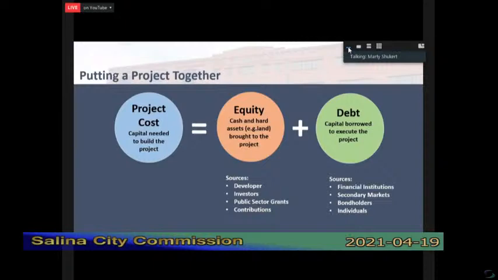And there are a variety of sources for equity. They might be the developer. They could be investors who are buying tax credits, for example, or putting cash into a project. We consider public sector grants to be equity. If they're grants, they don't need to be paid back, and therefore they fall into the equity side of the ledger. And it can even be contributions.